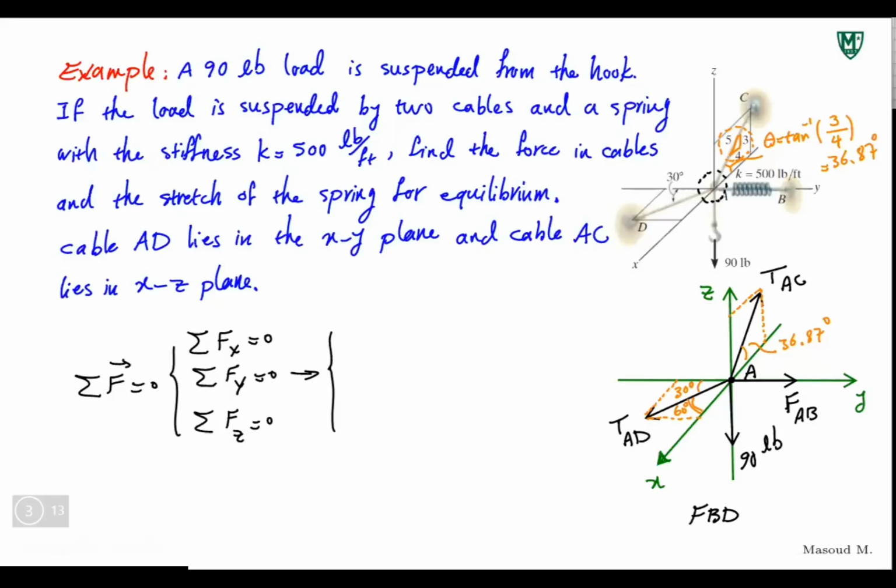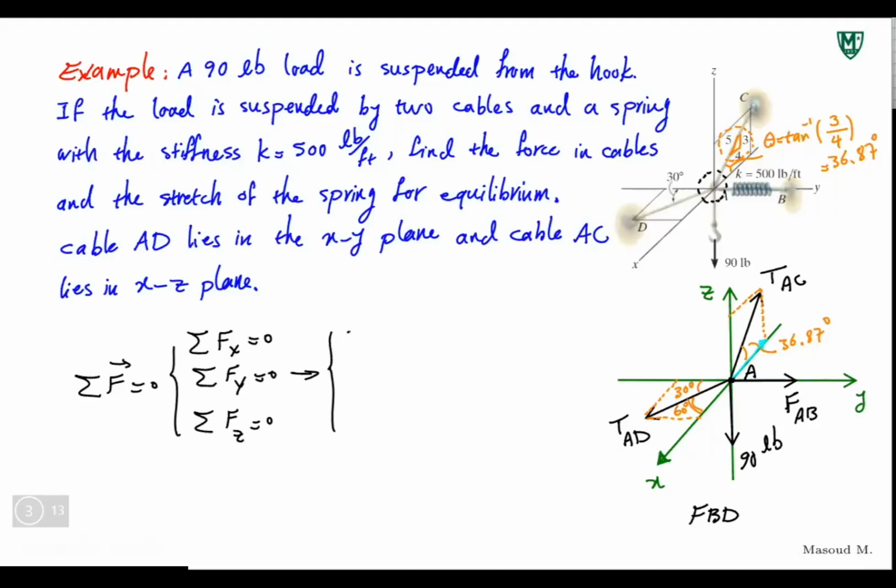Now let's see if we can write the components in the X direction. So in the X direction, what do I have? Now that you know these angles, you have enough information to write the forces along the X axis. So TAC, I can find the X component here. So this is the X component for TAC. That's one thing I have.